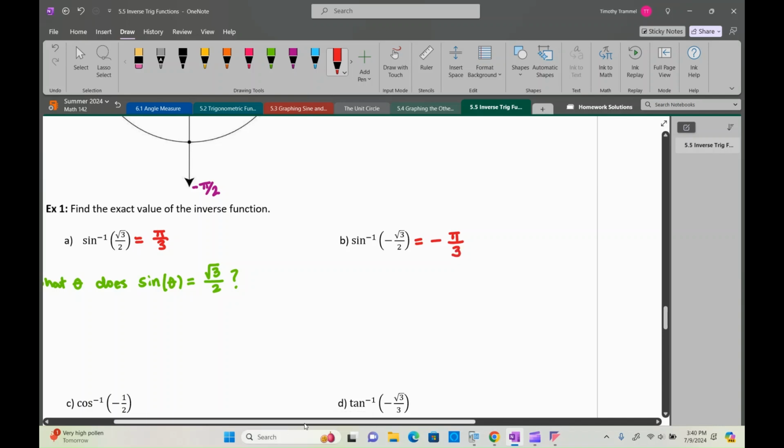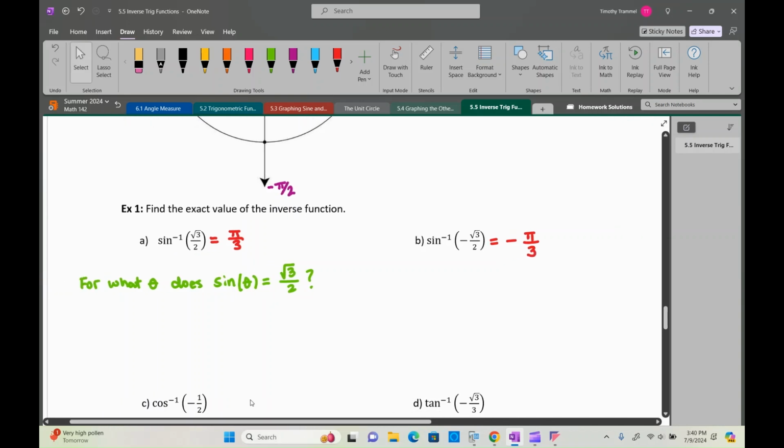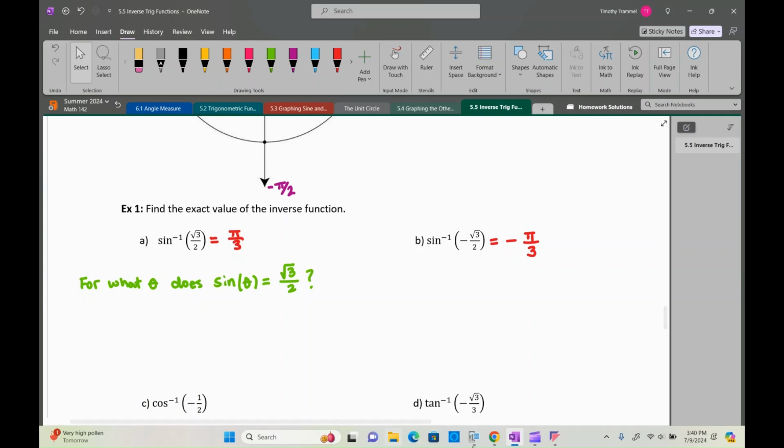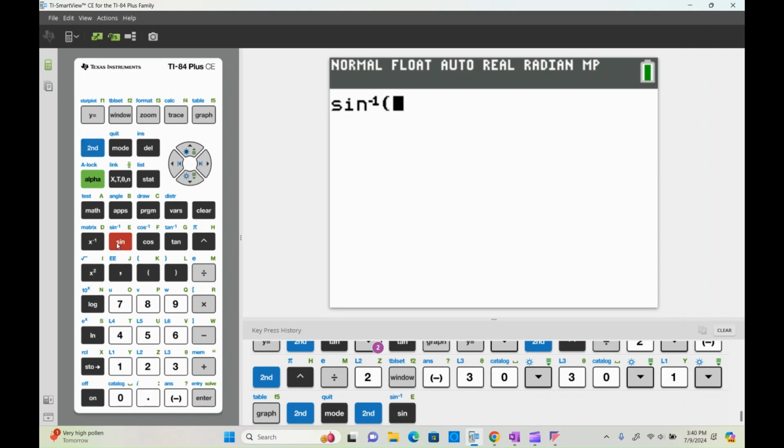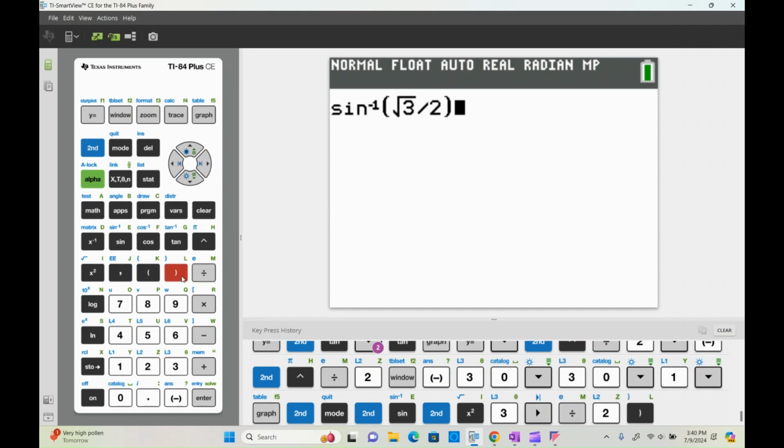All right. And you should be able to check these on the calculator. For instance, if I were to do, say, sine inverse of, what was it? We started off with the square root of 3 over 2. Making sure you're still in radians. Okay. You can see I'm getting 1.047197551.